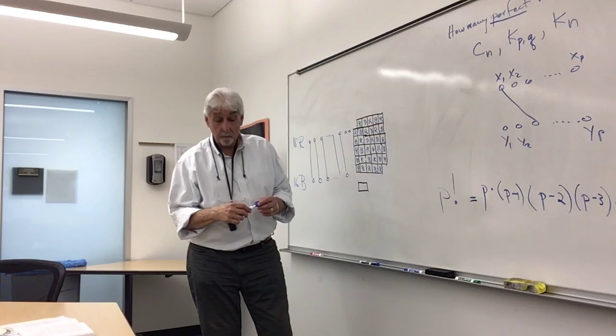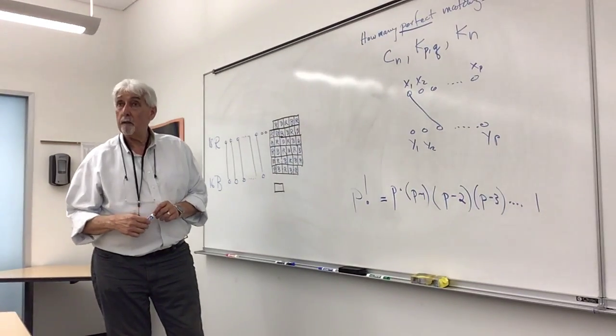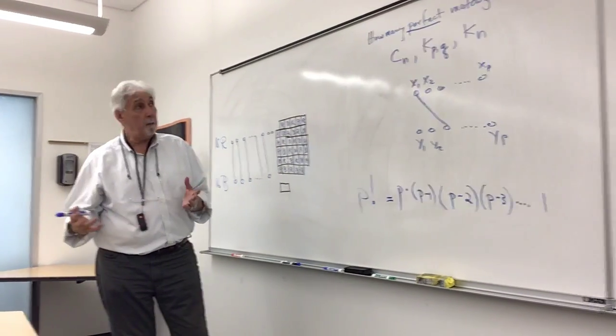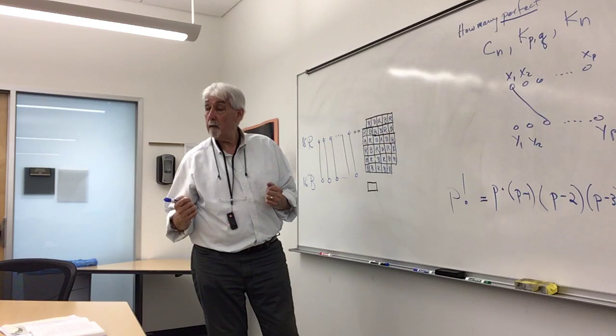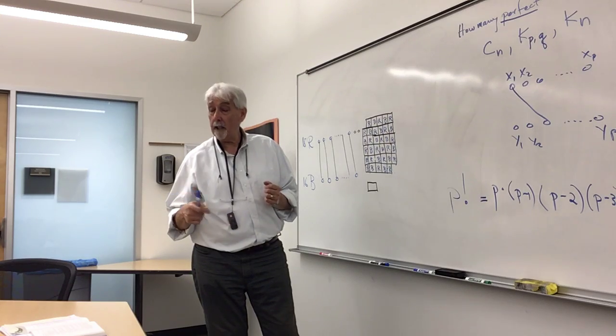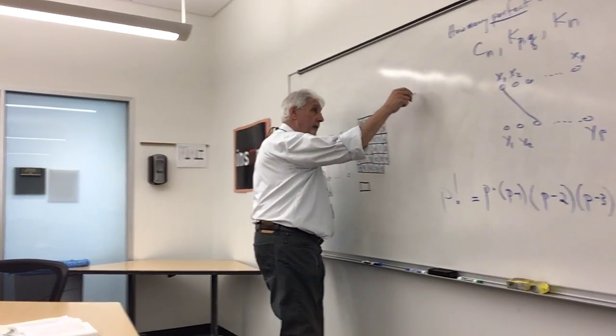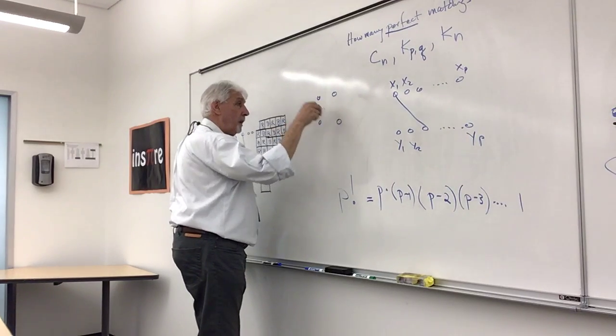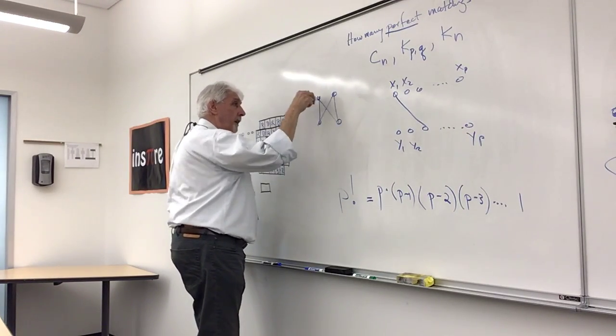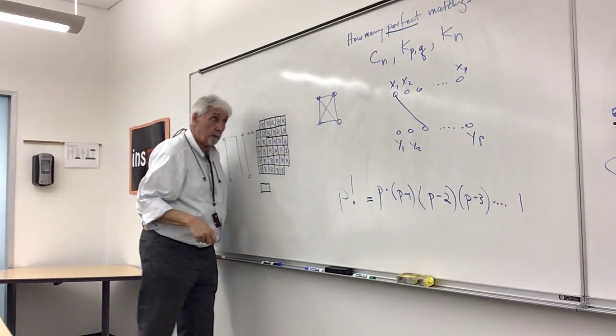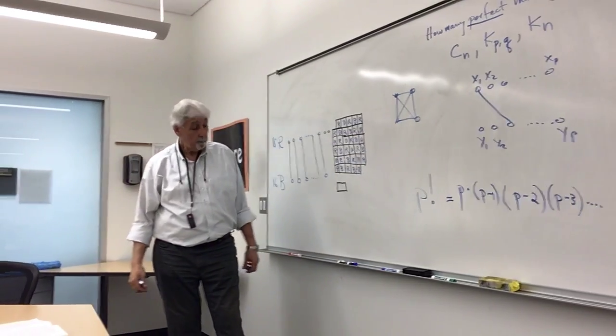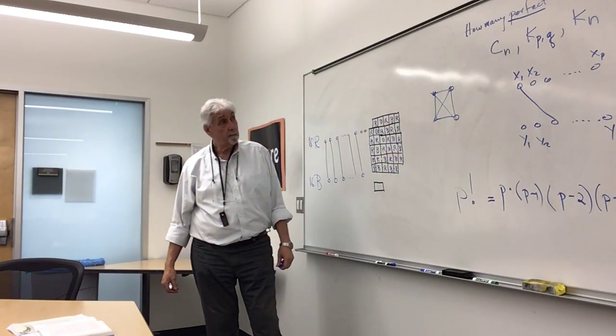And finally, K_n. First of all, what can you tell me about n? Even. So let's look at how many perfect matchings there are in K4. 3.